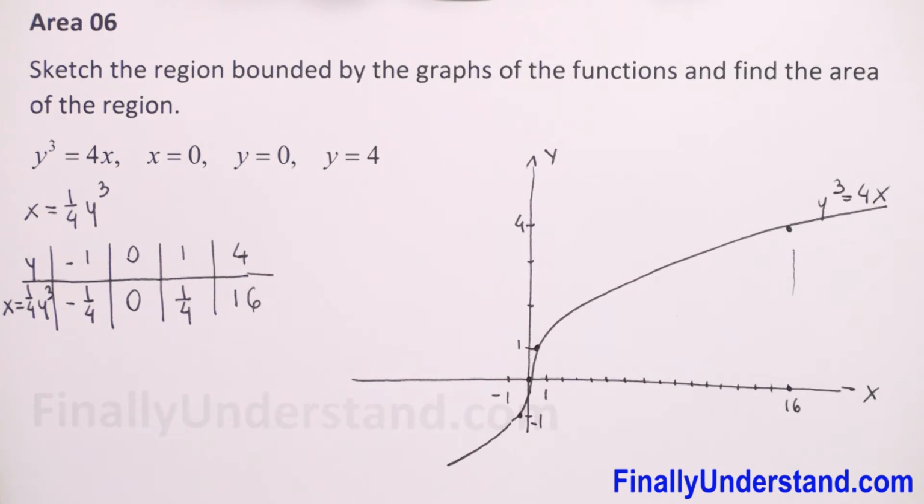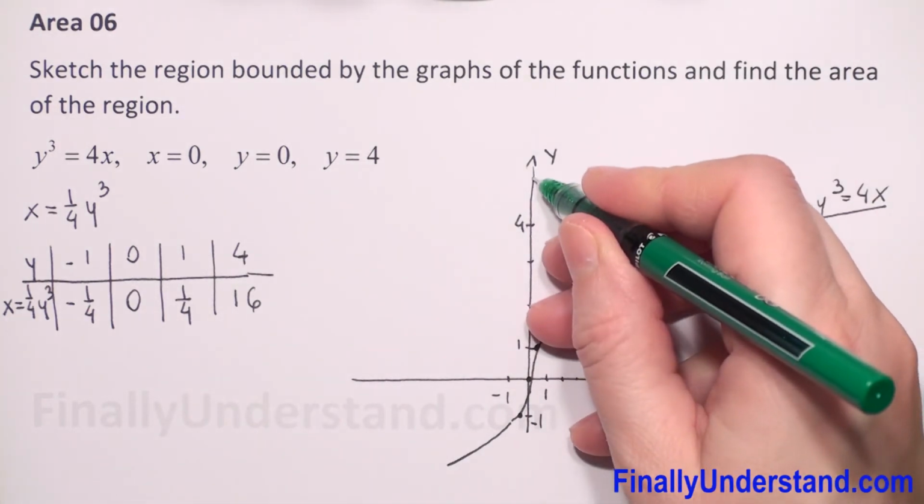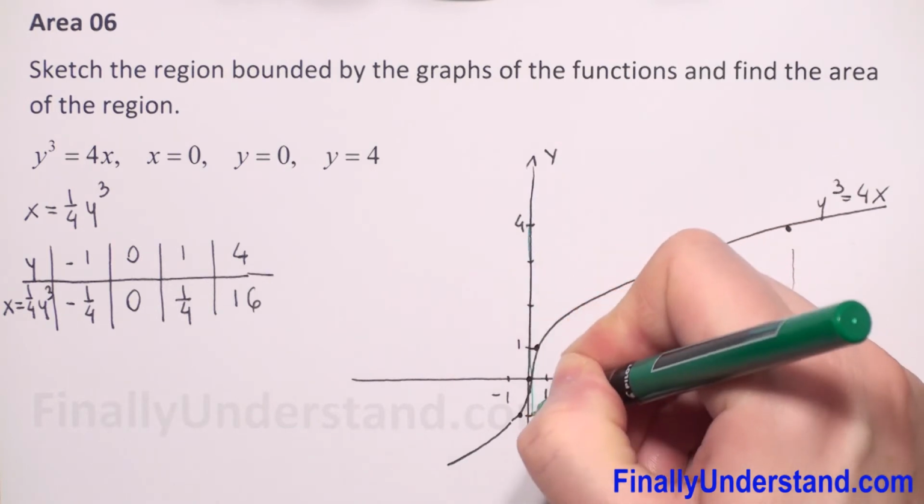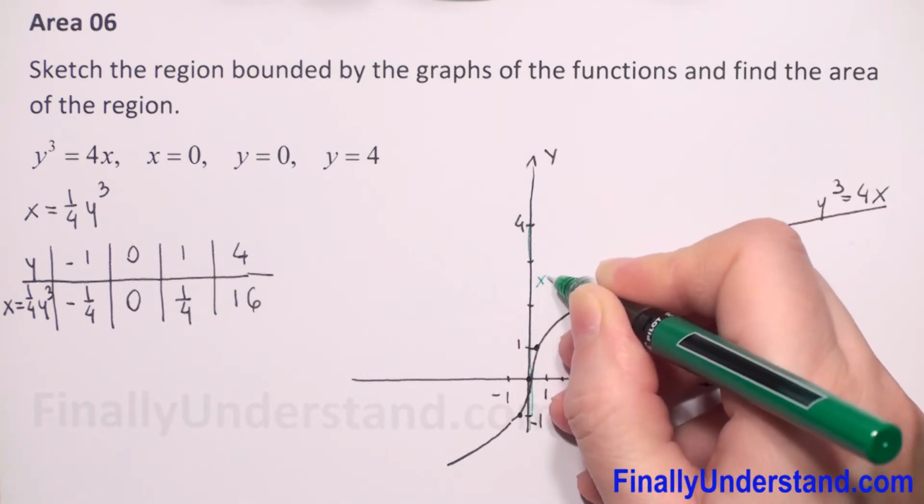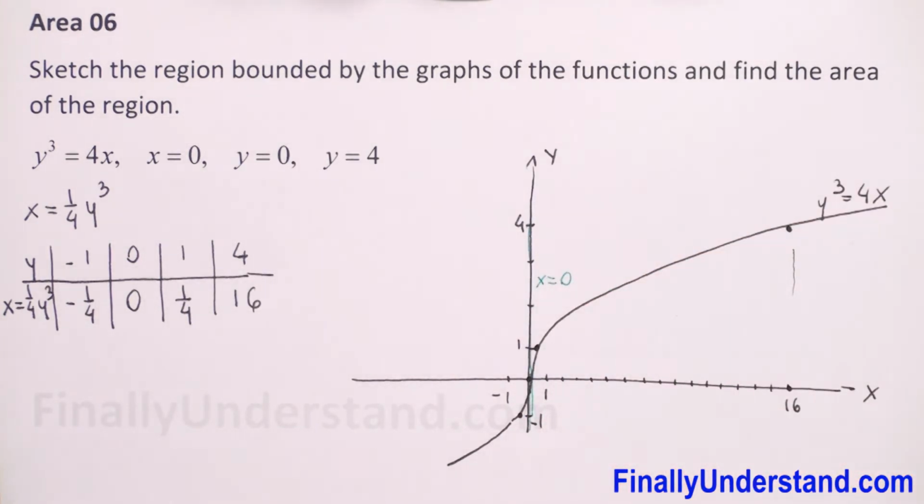Next, we need to find x equals 0. X equals 0 is the y-axis. Next, we have y equals 0. So this is our x-axis. Now, y equals 0.